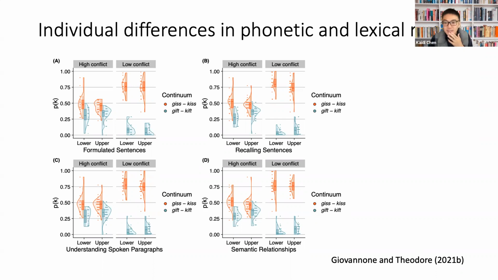The receptive language measures here are the two bottom ones: understanding spoken paragraphs and semantic relationships. So again, individuals with these two weaker receptive language abilities will tend to have a larger context effect. Sorry, I don't have time to go over this graph because the time is very limited, so I'll just skip that.